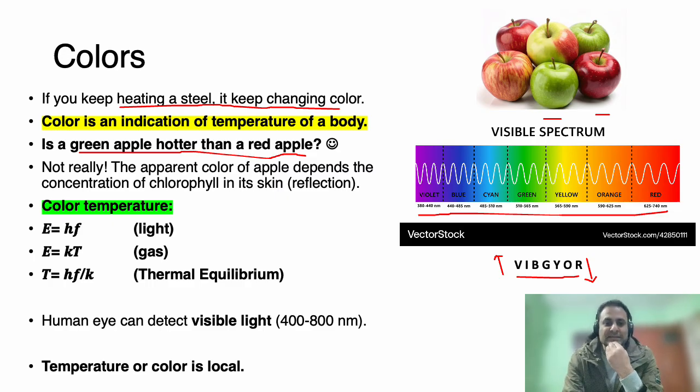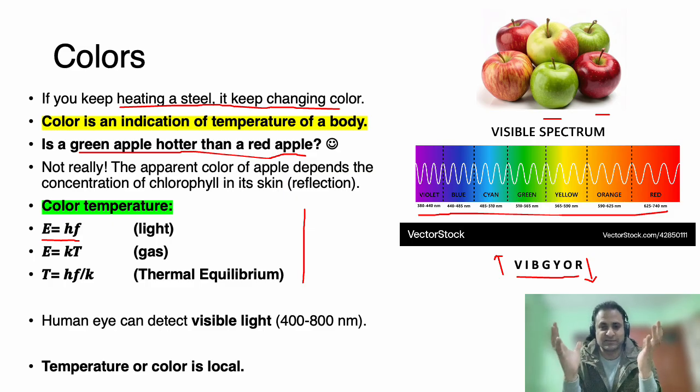So we can make some simple equations. Let's call it the color temperature. We know that the frequency of a light is f, and corresponding to each frequency f there is an energy E. This is for the light photons. Because the body is made of atoms, we can consider it kind of a gas.